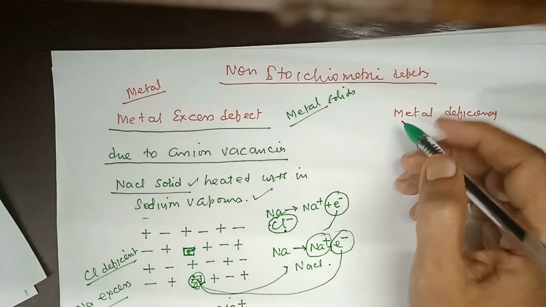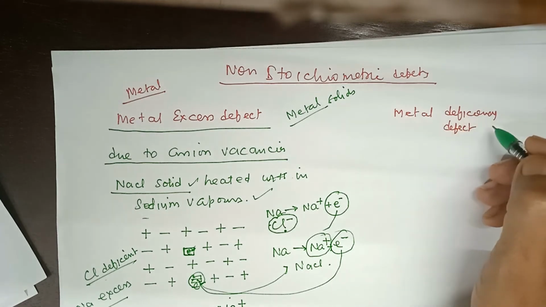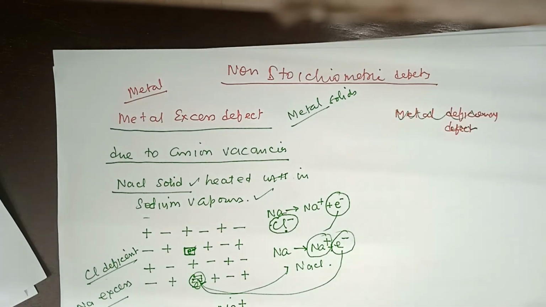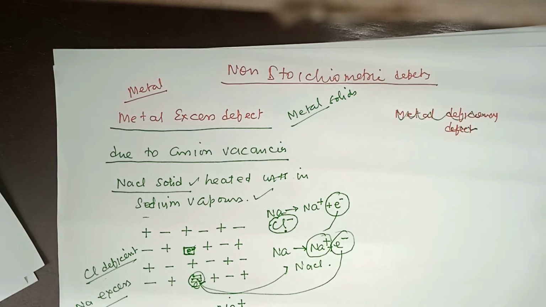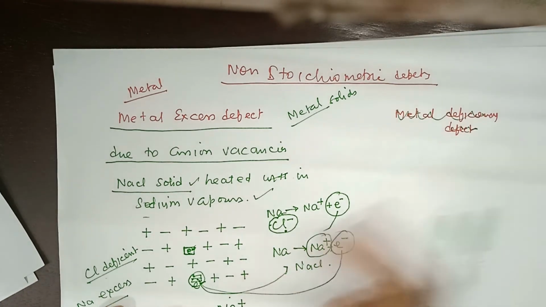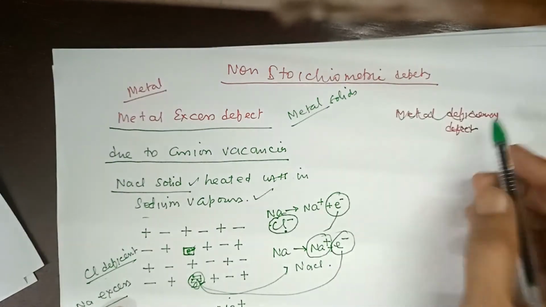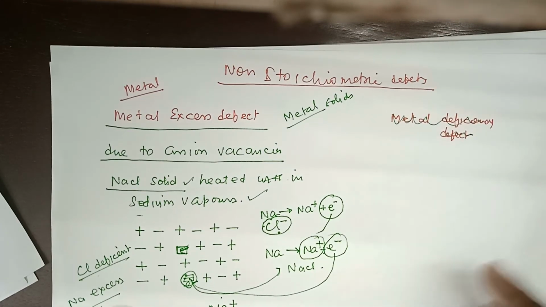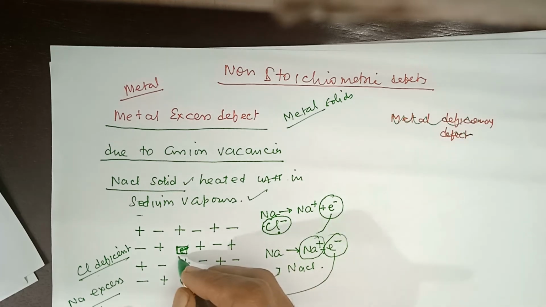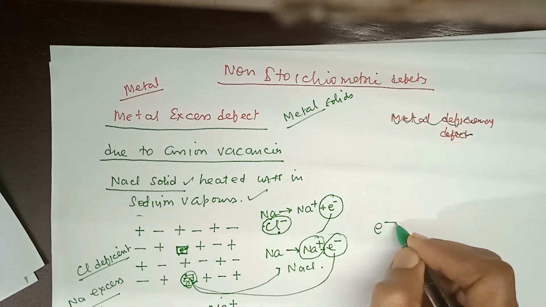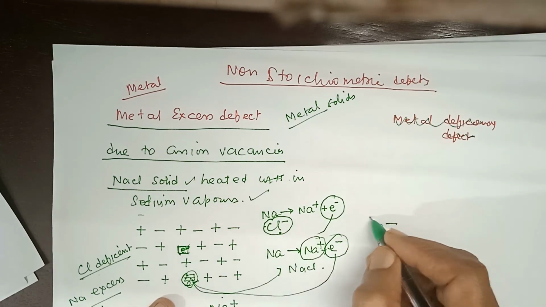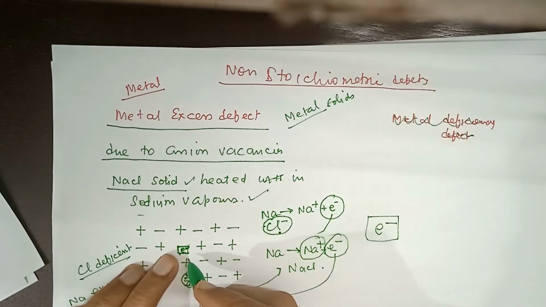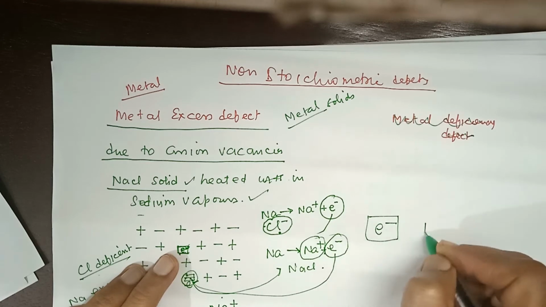So we say that it is metal excess defect. Metal deficiency defect we shall study in our just coming video. After metal excess defect, we shall study metal deficiency defect. These e minus electrons which have occupied the lattice sites are called F centers.